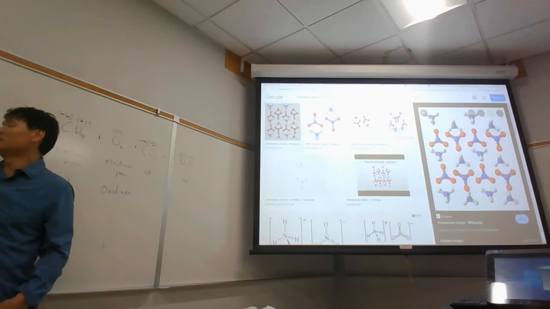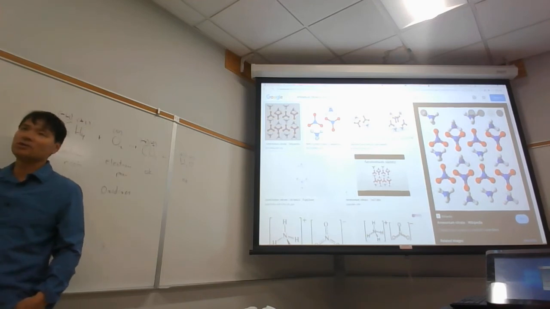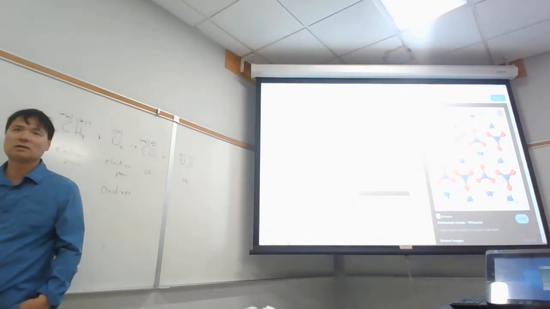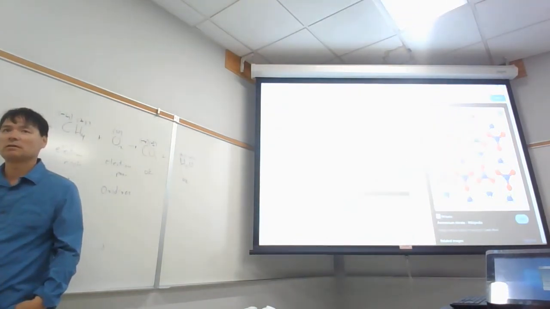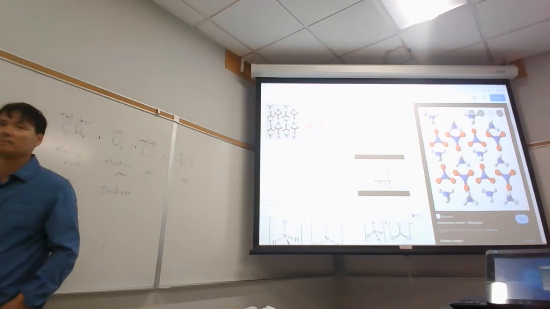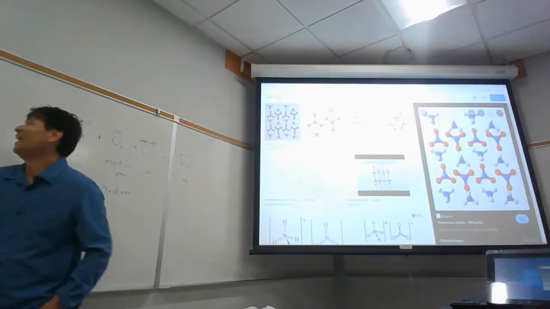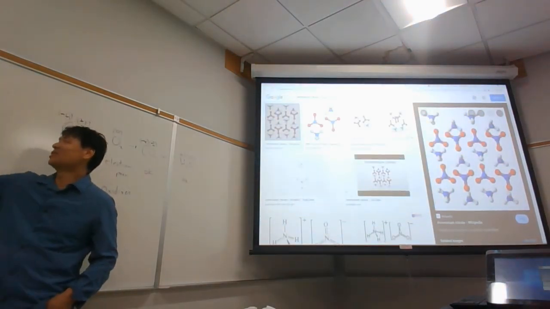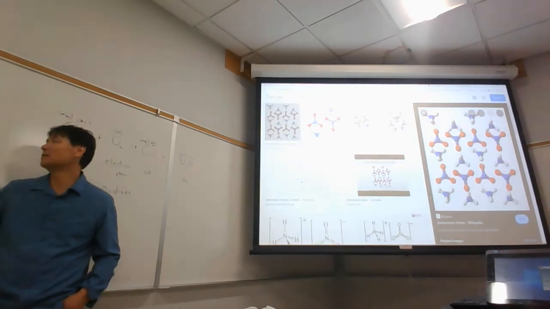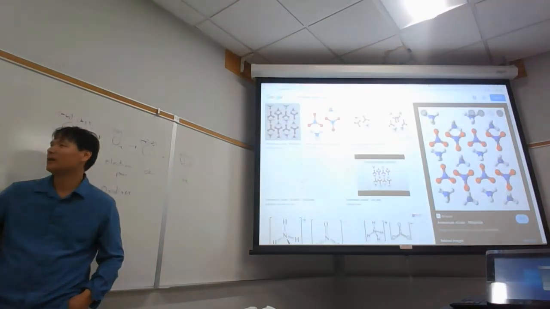Because if the nitrogen's in the tug of war with another nitrogen, who's going to win? It's nitrogen versus nitrogen. Also, nitrogen and oxygen are close to one another, so they don't hold on to each other that well. So it's easy to just pull them apart and have reactions. Well, actually, they hold on to each other pretty well, because there's another way that we can get to 10 electrons.